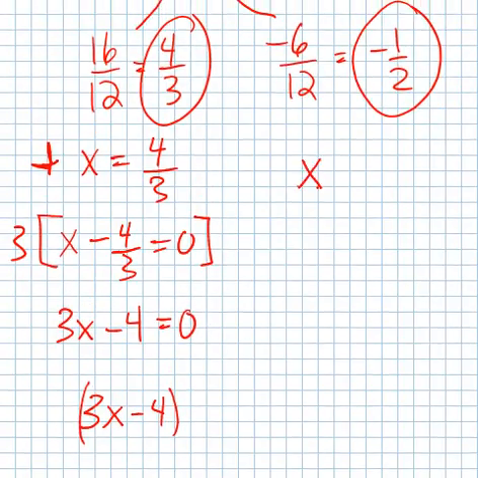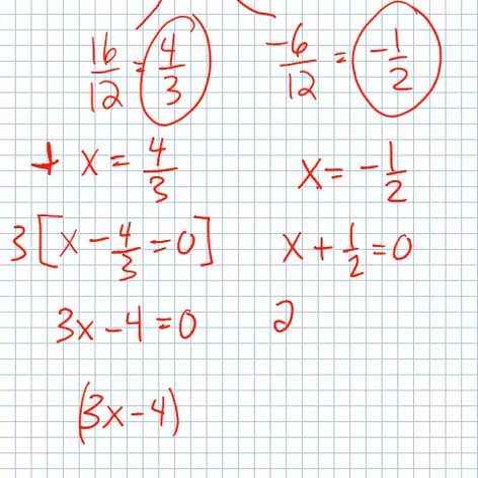So if x equals negative 1 over 2, then everything will also equal 0. In other words, x plus 1/2, because I add 1/2 now to both sides. Multiply everything by 2, 2x plus 1 equals 0, because 0 times 2 is 0, obviously. So then my other factor is going to be 2x plus 1, just like that.